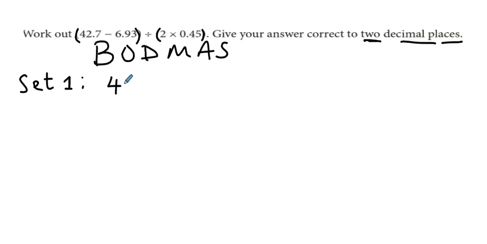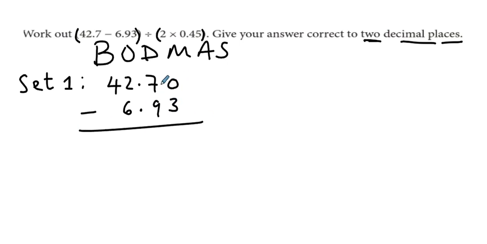This is 42.7 minus 6.93. Put 0 here. 0 minus 3 is not possible. Take 1 from here. This becomes 10 minus 3 is 7. 6 minus 9 is not possible. Take 1 from here.